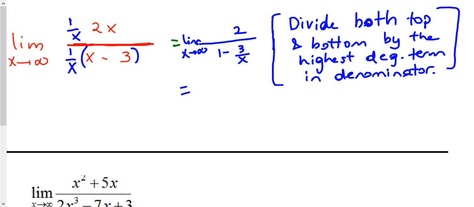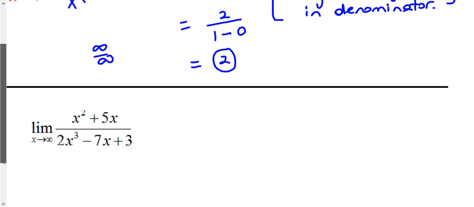The original question was infinity over infinity, but now we have 2 over 1 minus, where does this go as x goes to infinity? Top is a constant, bottom keeps getting larger, ratio is 0. So therefore our final answer is 2. So it was infinity over infinity when we started, but the final answer turned out to be 2. So that is how we resolve these cases.